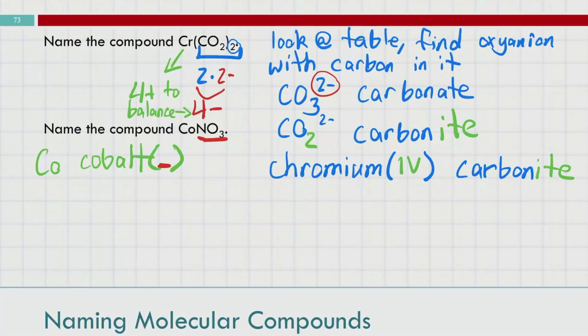NO3, we'd look at our green sheet, we'd figure out that's nitrate. The charge on nitrate is 1 minus. We've got one nitrate group, we've got one cobalt group. So if we've got a 1 minus on our anion, our cation has to be a 1 plus.